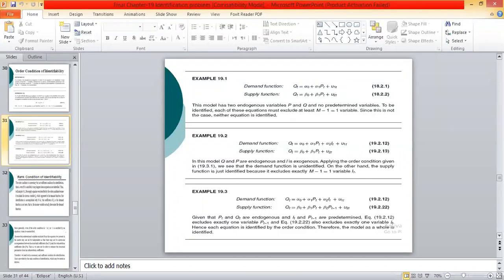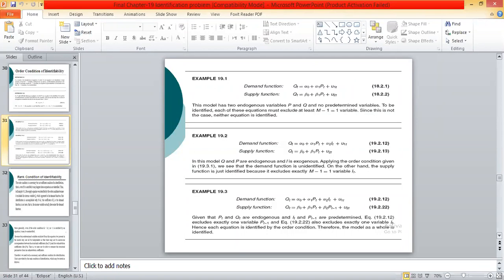The total number of variables in the demand function is also 2. The total number in the model is 2, and the total number in the given equation is 2. So the difference is 0.